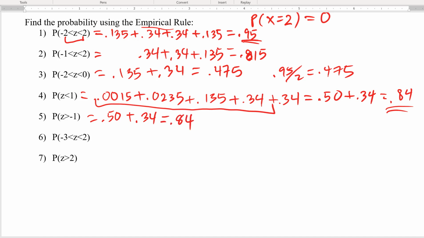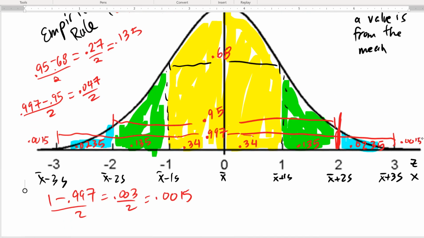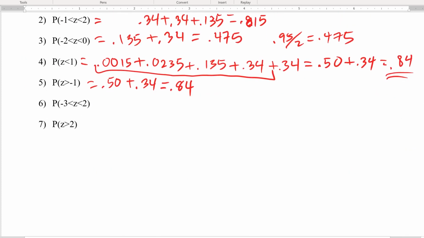Some of you are going, well, wait a second, that's the same answer. This should be. This has symmetry. So if I'm going from +1 and to the left, that should be symmetric from going to -1 and to the right. I'm adding a half plus 0.34, and a half plus 0.34. Those answers should be the same. So if you notice that, good for you.